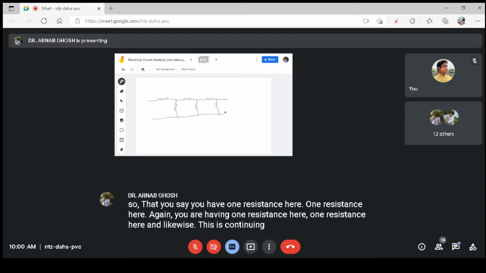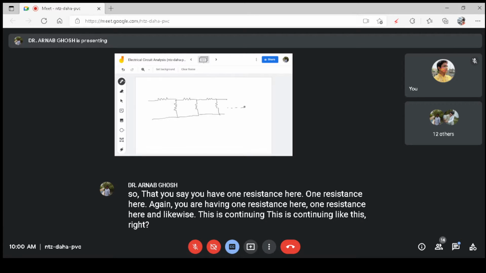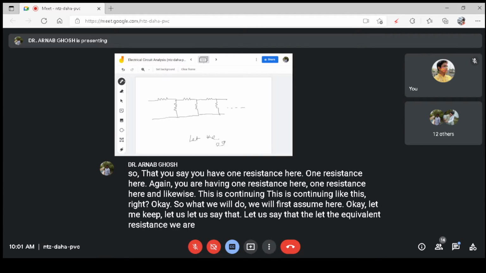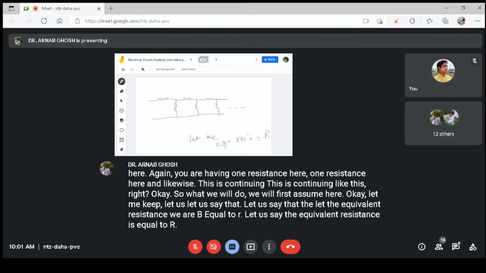This is continuing like this, right? So what we will do, we will first assume, let the equivalent resistance be R. Let us say the equivalent resistance is equal to R.